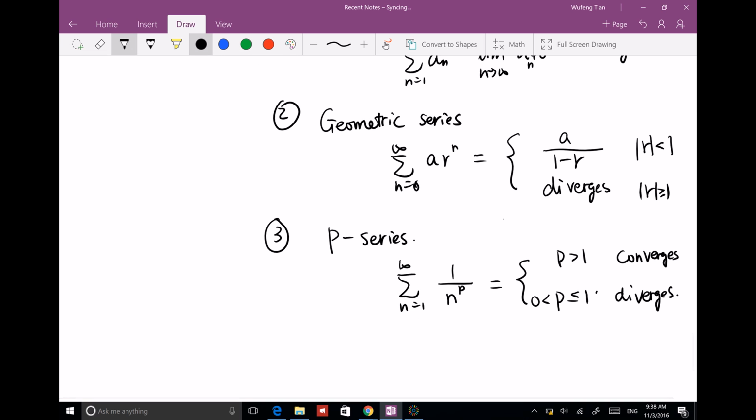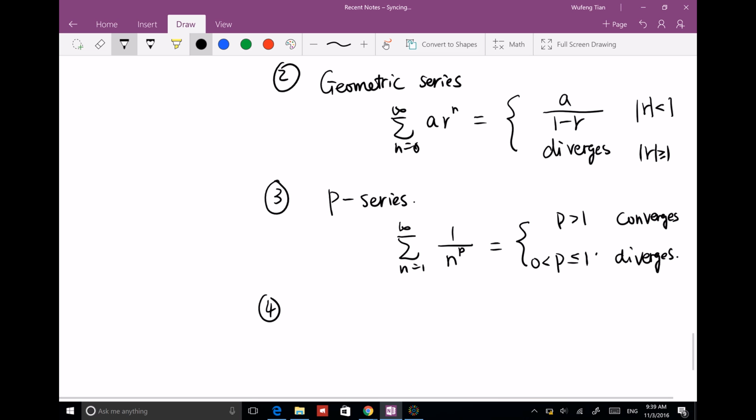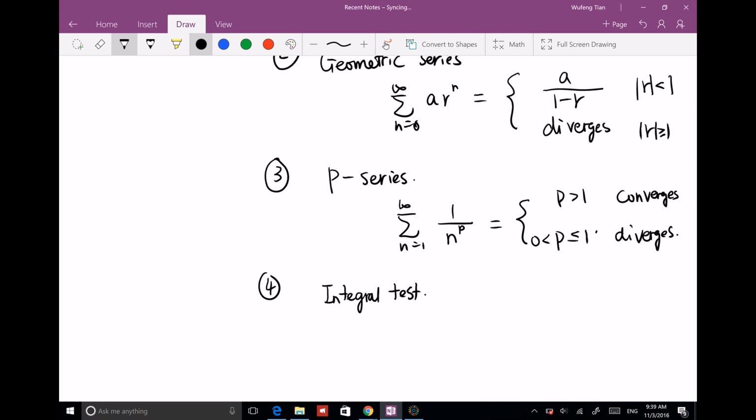Alright, so after the p-series, what do we got? The integral test. Perfect. So what do we have for the integral test? Okay.